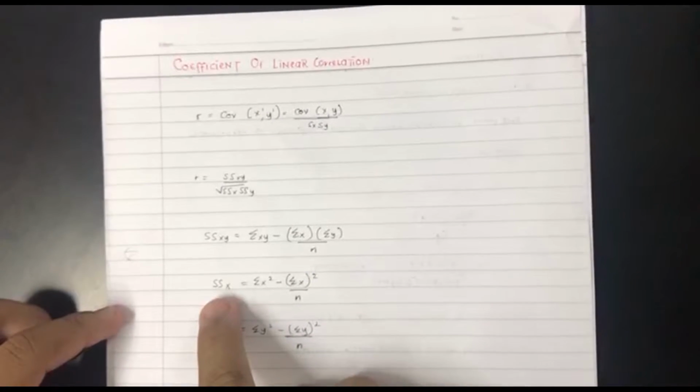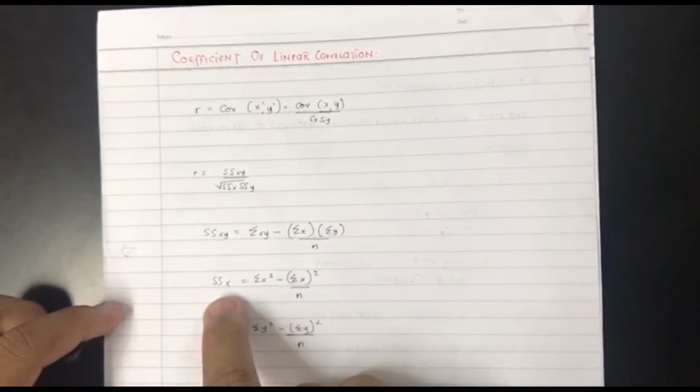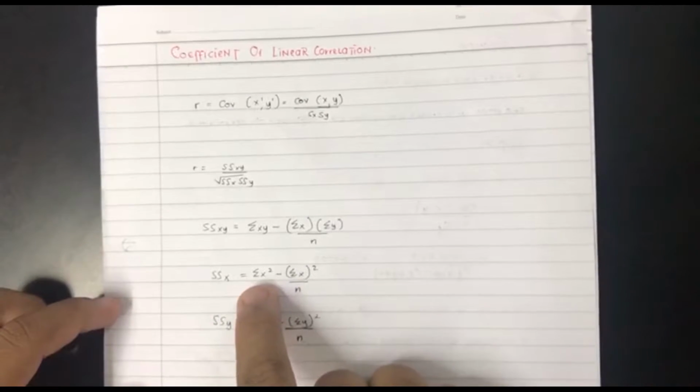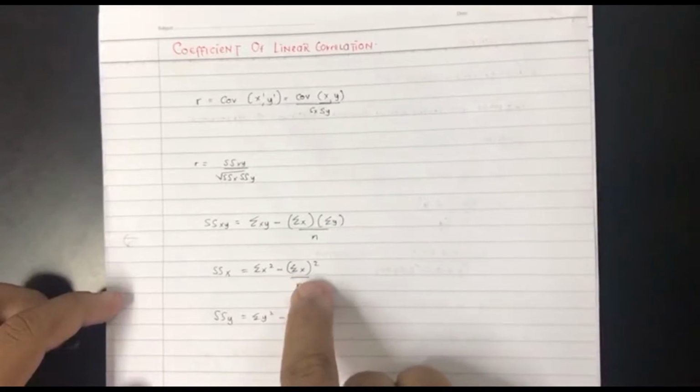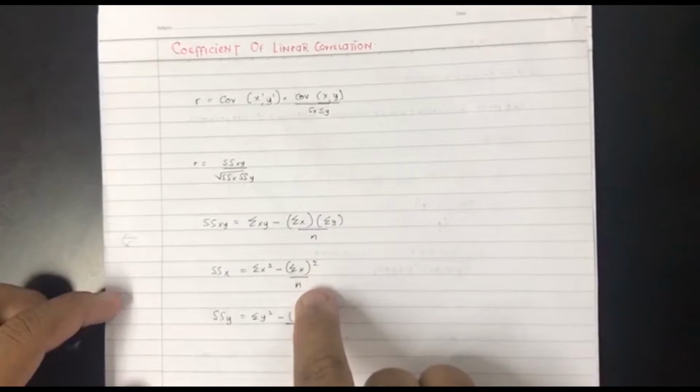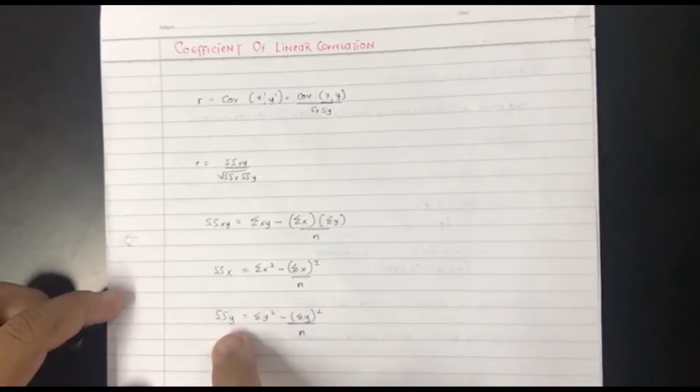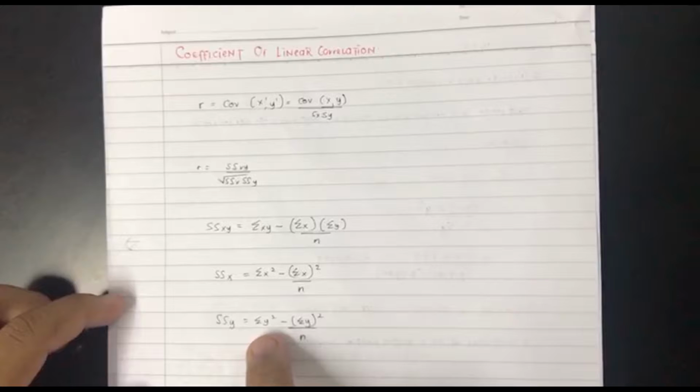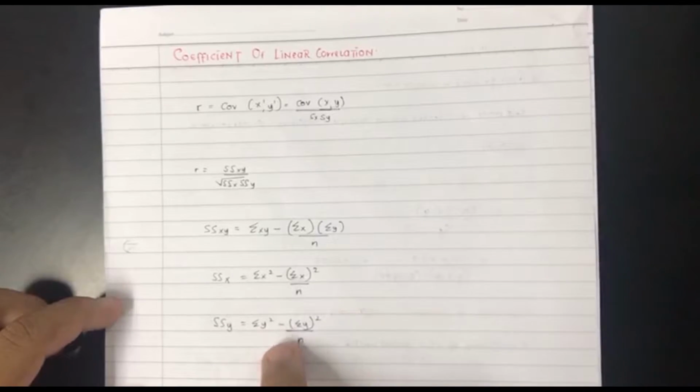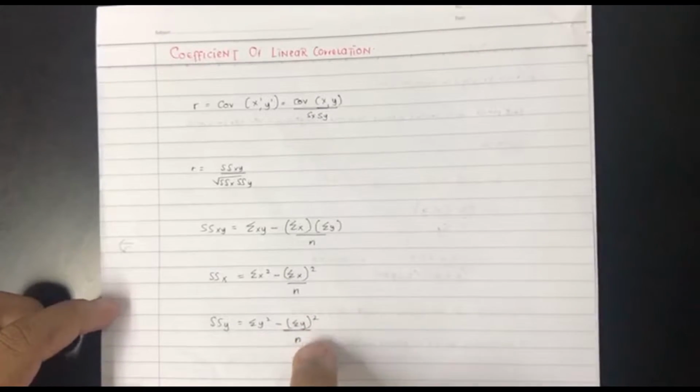For SSx, it is total of x square minus square of total x divided by n. And for SSy, it is total of y square minus square of total y divided by n.